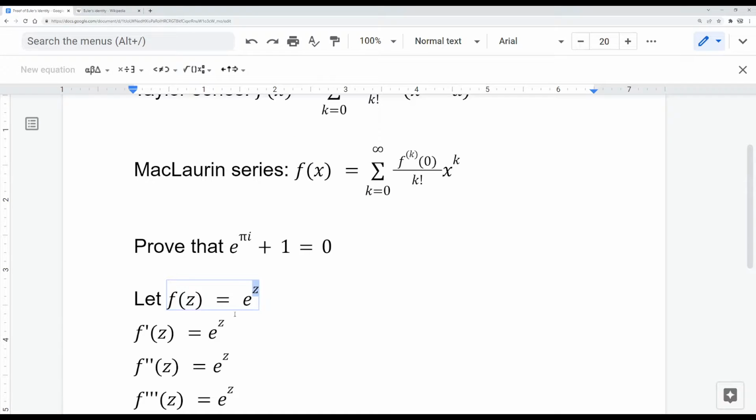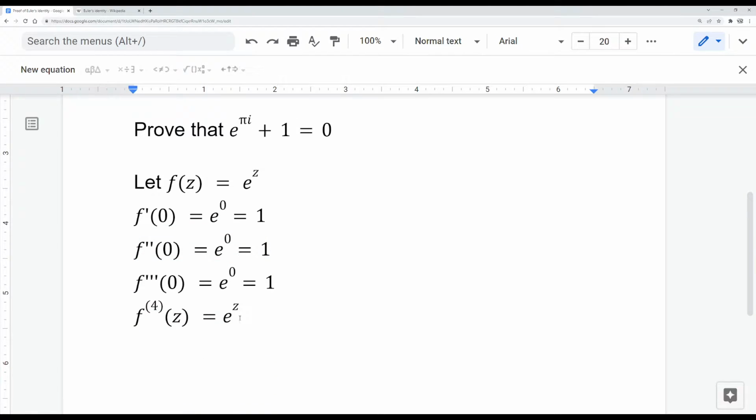So if we just evaluate this at 0, and replace z with 0, each equals 1, equals 1, equals 1. So you can see it will just equal 1 no matter what we do. e to the z, e to the 0, is just 1.